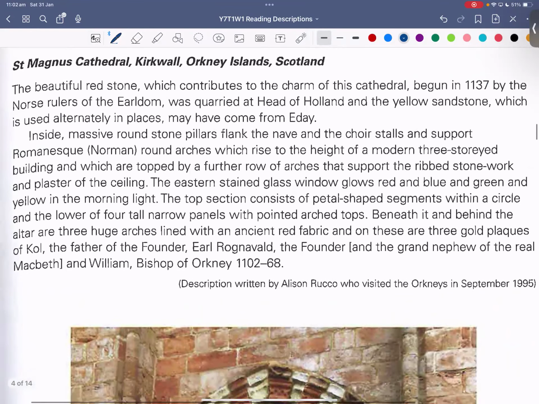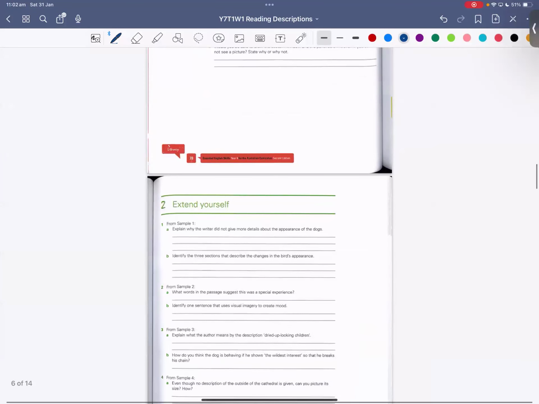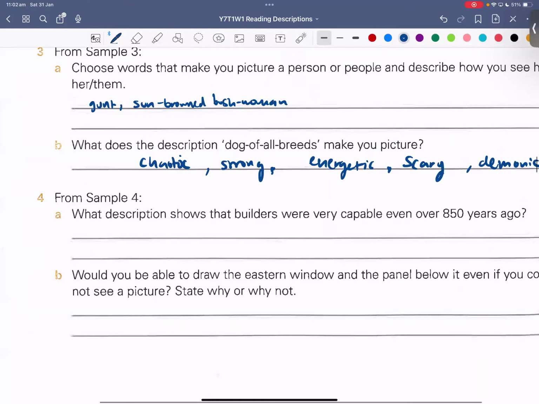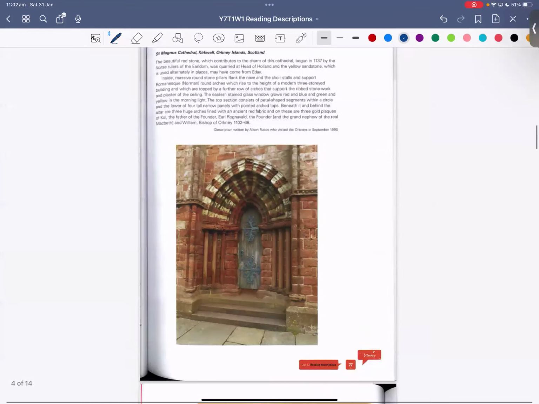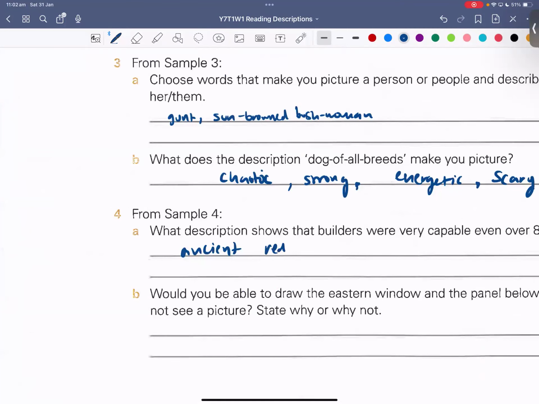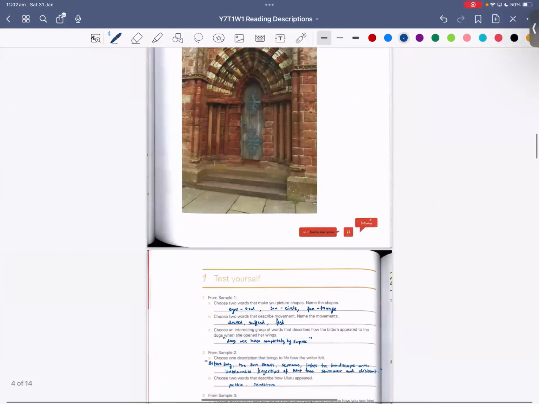These are huge things that these people built. Even so far back, they were still able to build humongous buildings without the equipment that we use today. So I'm just going to say ancient red fabrics, so using very long fabrics. And also massive round stone pillars.